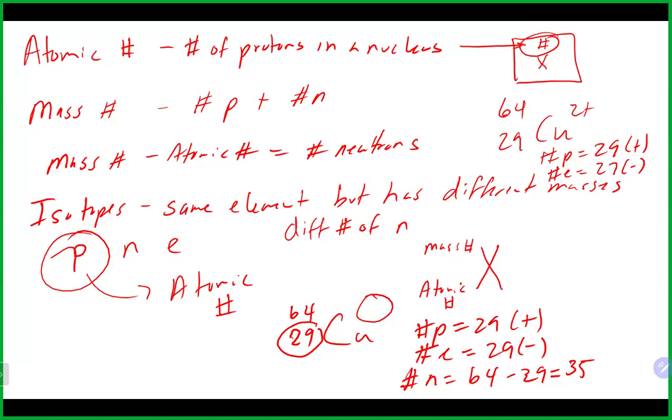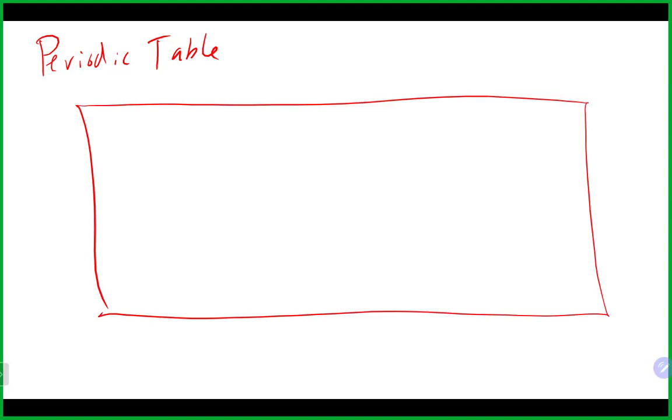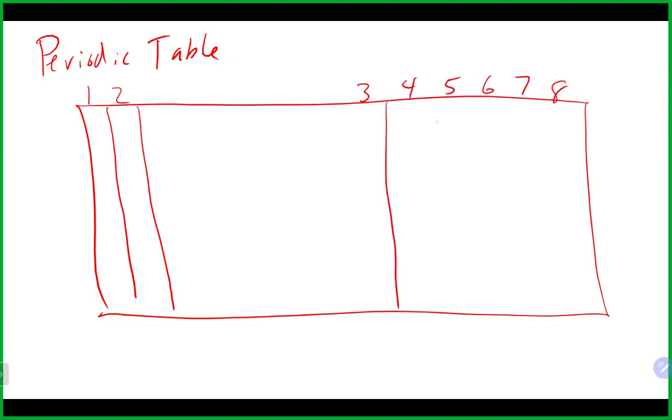Okay. In addition, this chapter, this is where we talked about the periodic table itself. Let me draw my wonderfully rectangled periodic table. So we do groups. So 1, 2, remember we skipped the middle, 3, 4, 5, 6, 7, and 8.